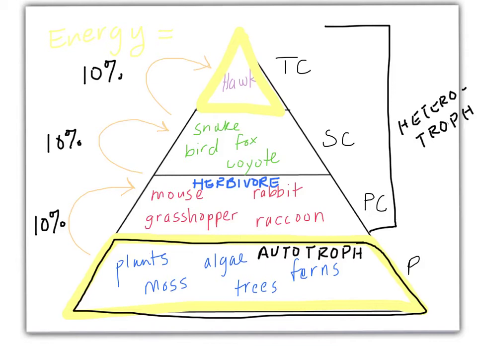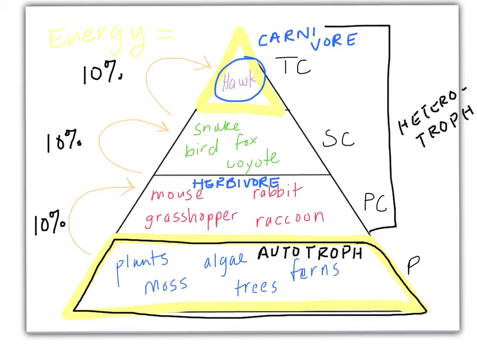So for example, a fox, a coyote, a bird, a snake, some of them might actually eat plants as well. A hawk, for example, however, only eats other animals. So that hawk is our carnivore. Okay?